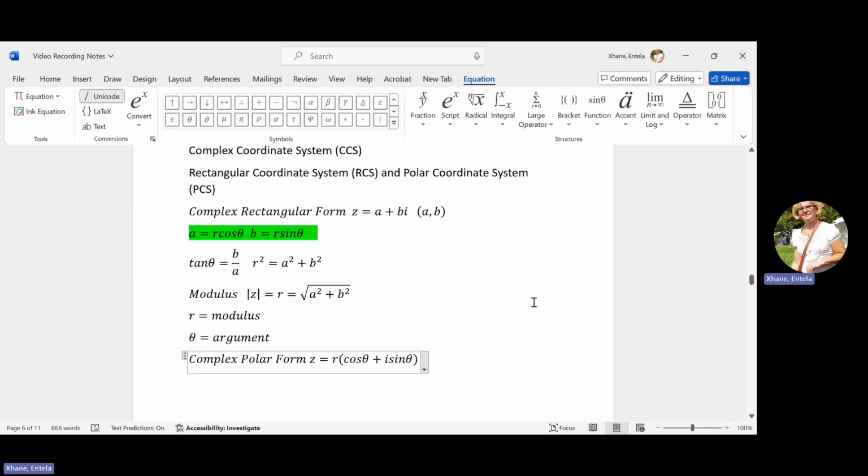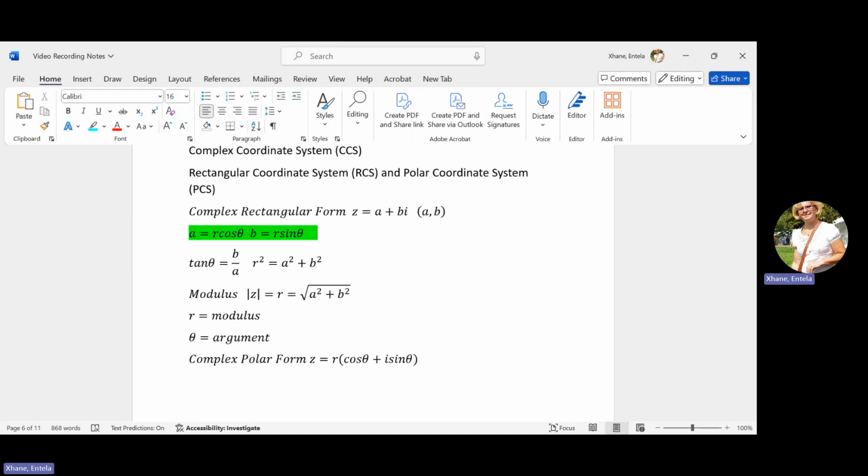So any complex number in this particular form is known as a complex polar number. And then, of course, the ordered pair is the (R, theta) ordered pair.